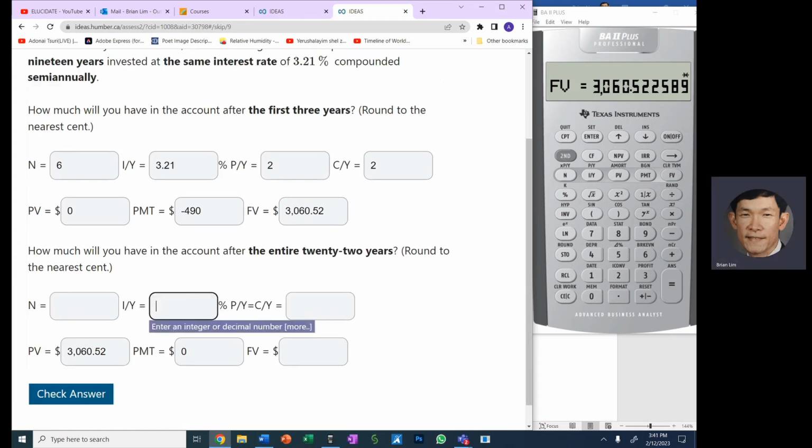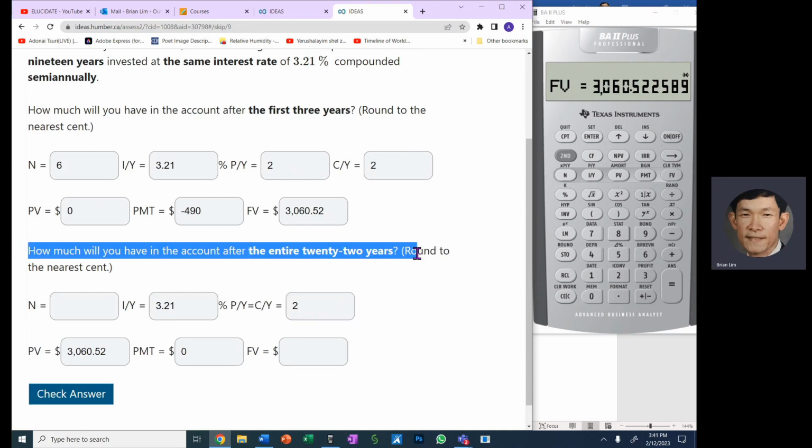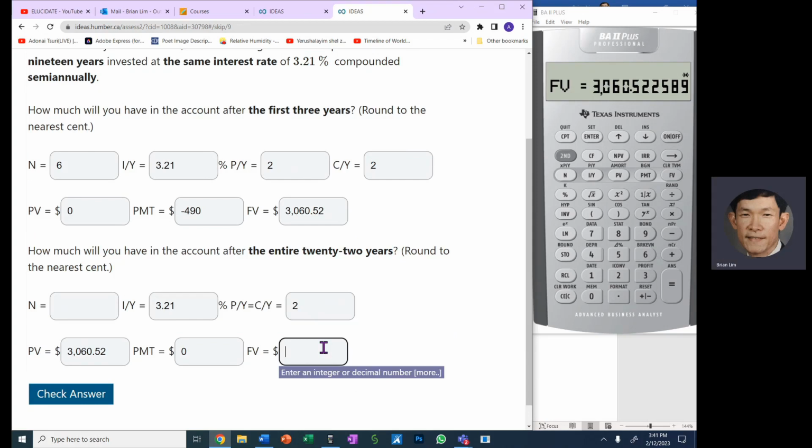So CY is equal to 2. And then how much will be in the account after the entire 22 years? So we will compute the future value.